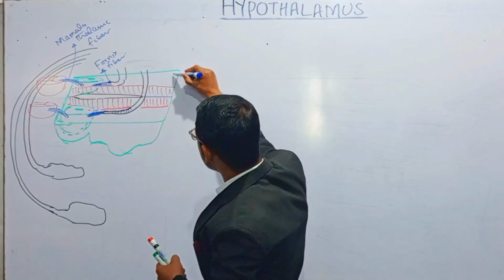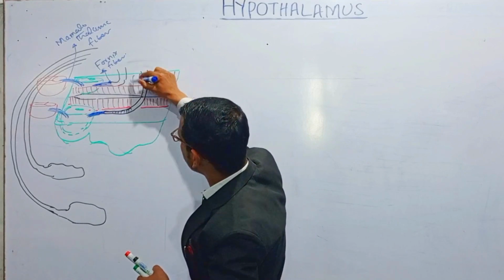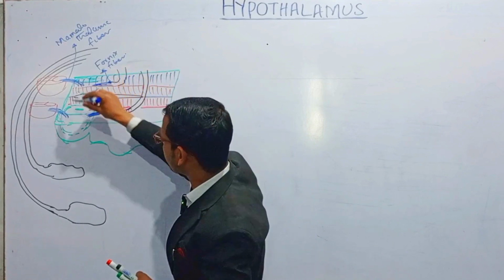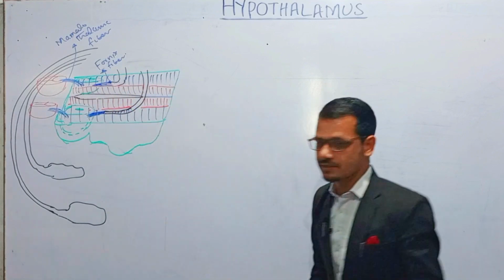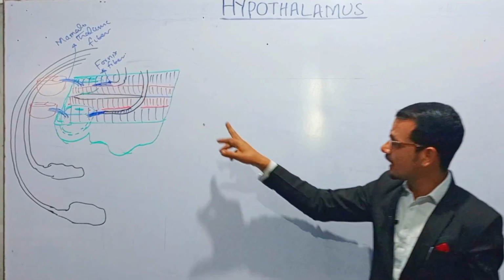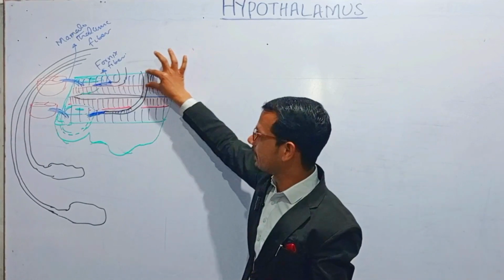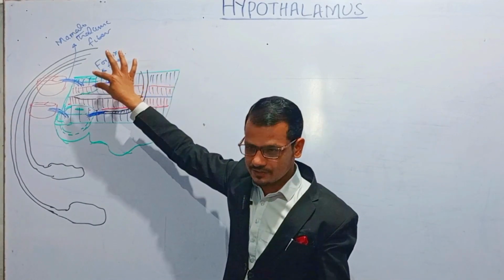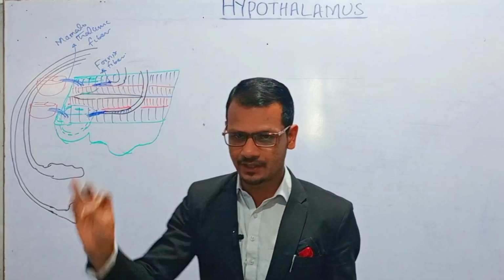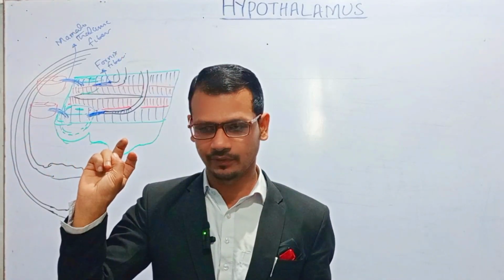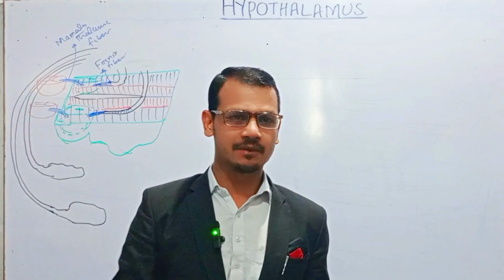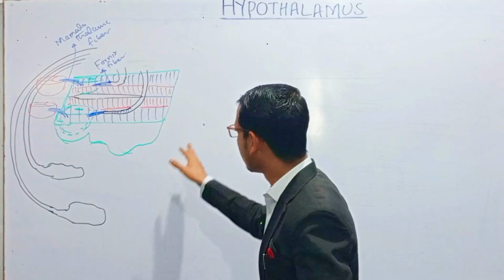And this is the left lateral hypothalamus, this is the right lateral hypothalamus, right? Yesterday we discussed the nuclei of this blue area, the lateral side. How many nuclei does it have? Preoptic, sexually dimorphic nuclei and lateral hypothalamic nuclei, right?